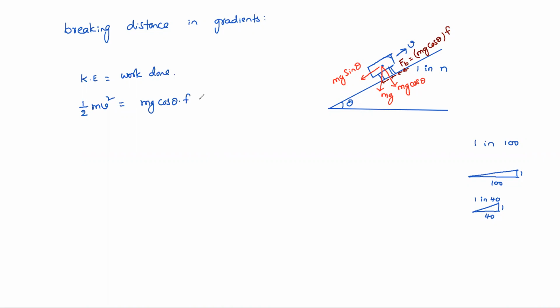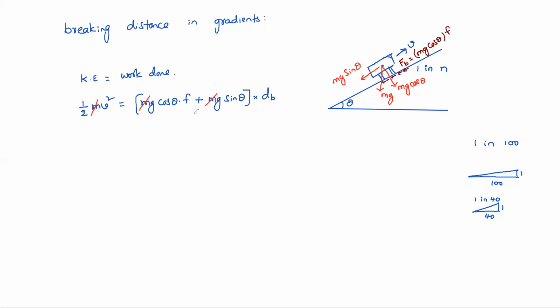Apart from the frictional force, one more force is there, the vehicle weight component, mg sin theta, which is opposing the vehicle motion. These are the two forces, multiplied by braking distance. So in this equation, everywhere m gets cancelled.